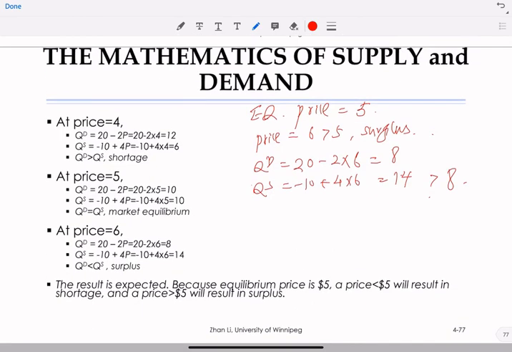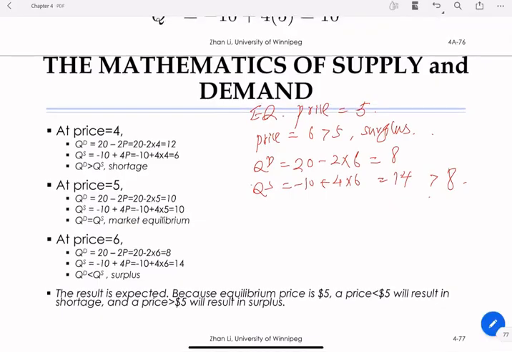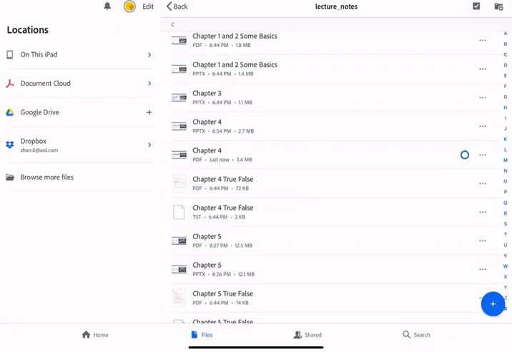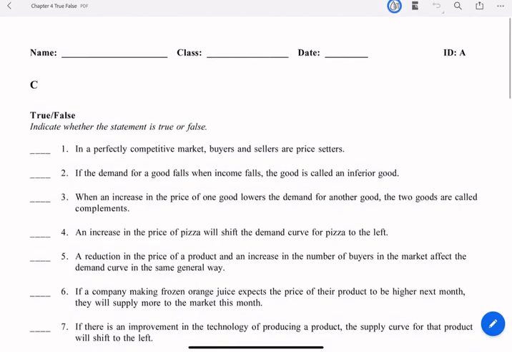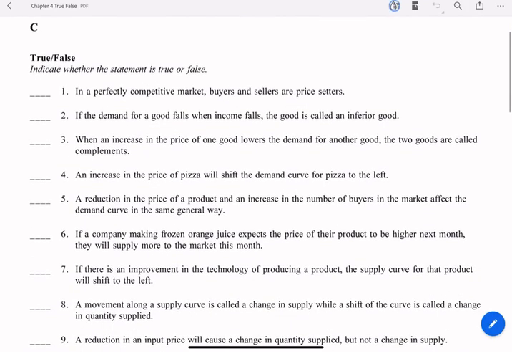So now let's talk about the true-false problems. So the first one says, in a perfectly competitive market, buyers and sellers are price setters.